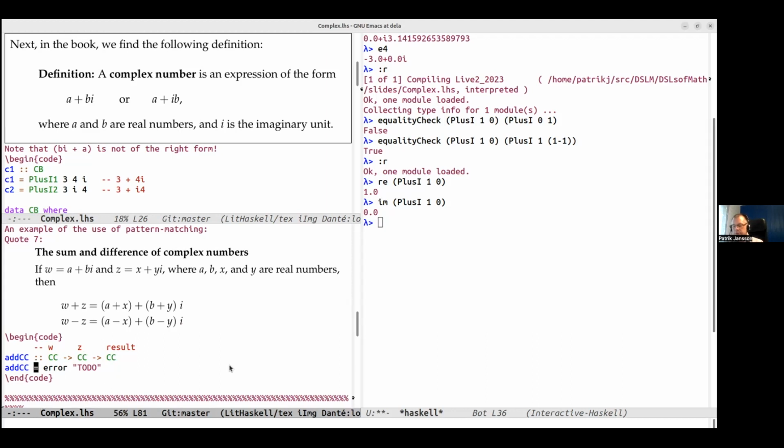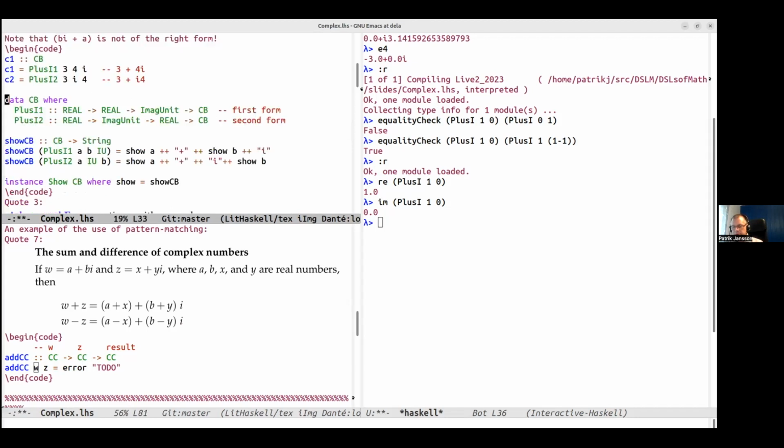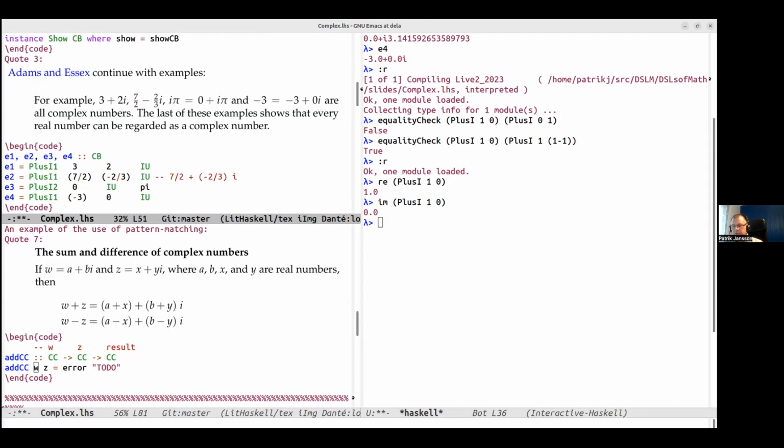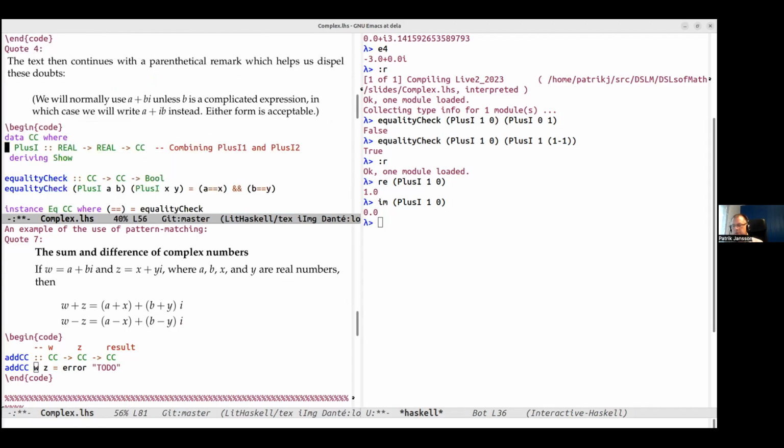So the two inputs we can call w and z. But actually, we know that w must be, we can scroll up a bit here, it must be of this type CC. There it is. It must be the constructor plus I. So we can say w is plus I of, they used here a and b, and z is actually plus I of x and y.